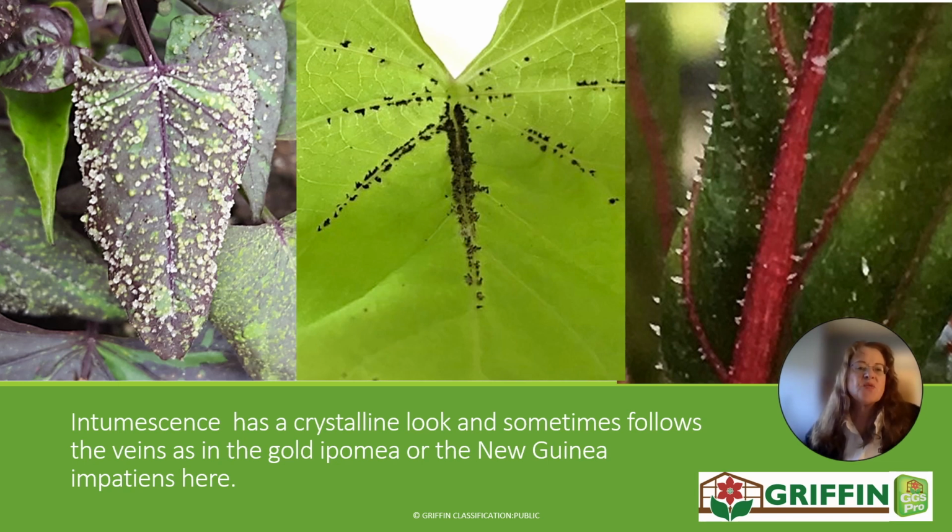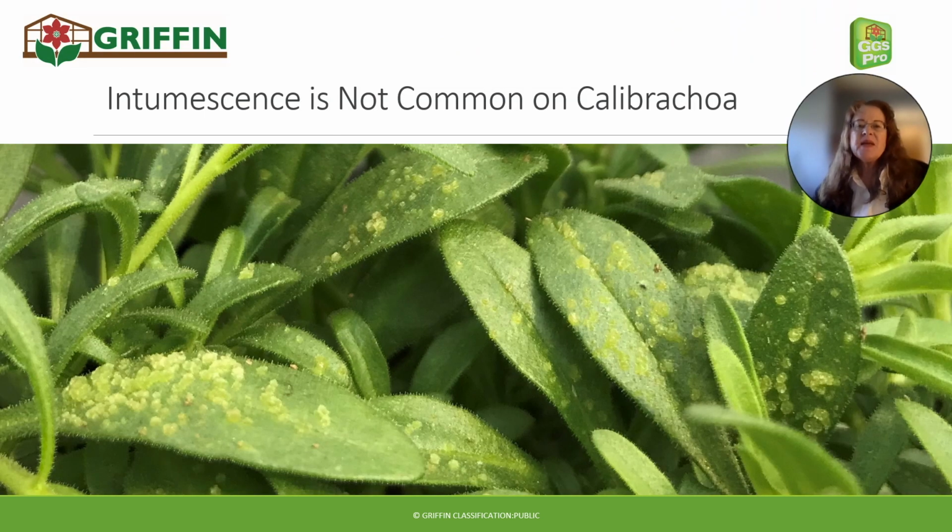On the blackie sweet potato on the left, we see the crystalline structure along the veins, but not just along the veins, all over. That may be a little bit of a different combination problem. Intumescence is not common on Calibrachoa, but here we see an example of it that came into our group from a customer.